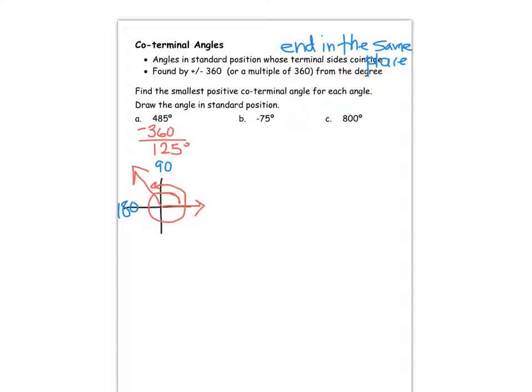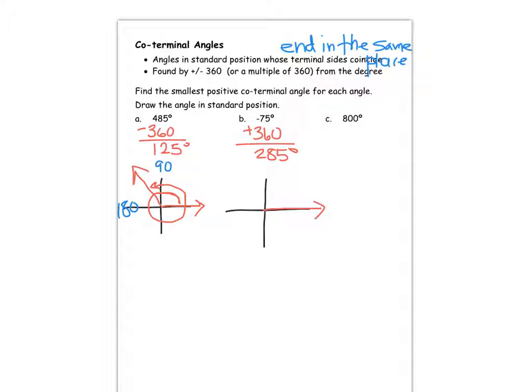All right, negative 75 degrees. The smallest positive coterminal angle, I would need to add a lap around the circle to get it to be positive. So I would add 360 degrees, and that puts me at 285, I believe. Okay, so if I can draw a 285 degree angle, it will look the same as a negative 75 degree angle.